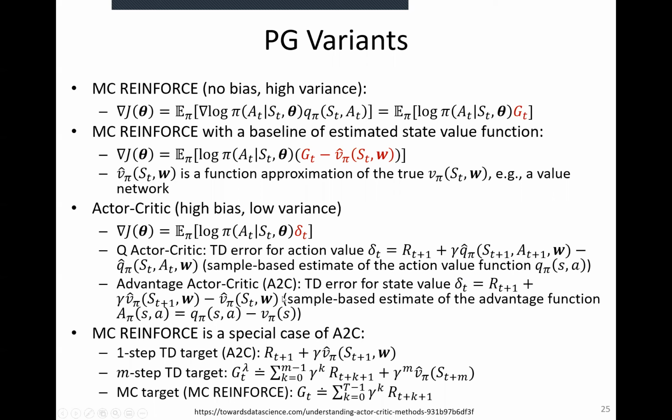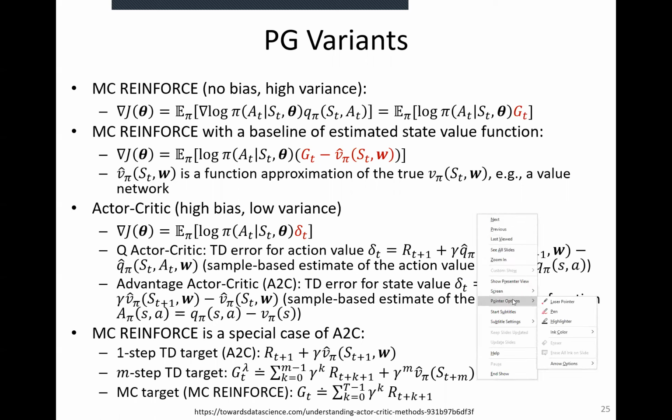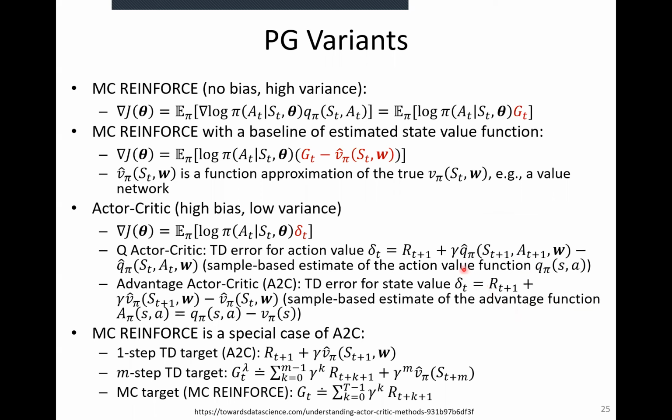The other, advantage Actor-Critic, is the sample-based estimate of the advantage function Q pi(s,a) minus V pi. This is called A2C. So MC REINFORCE is a special case of A2C.